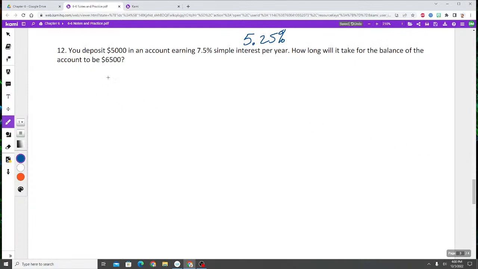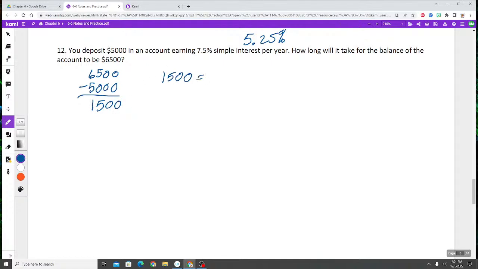Number 12, you deposit $5,000 in an account, earning 7.5% simple interest. How long would it take you to earn a balance of $6,500? So we subtract, and we find out that we want the interest to be $1,500.